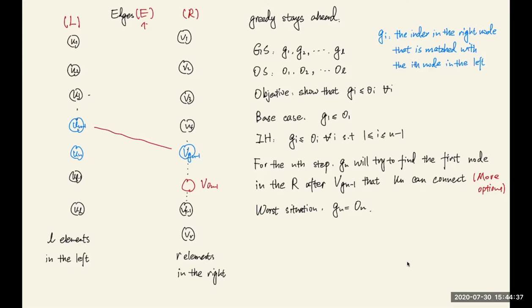So for GI, it means the index in the right node that is matched with the ith node in the left.